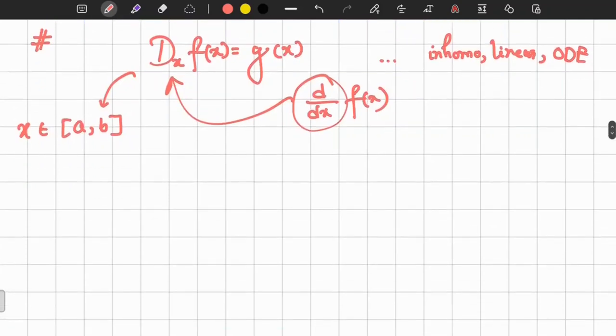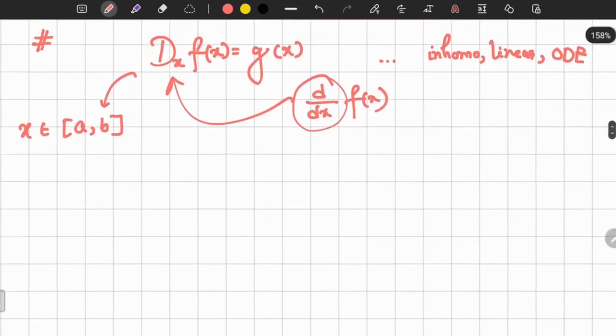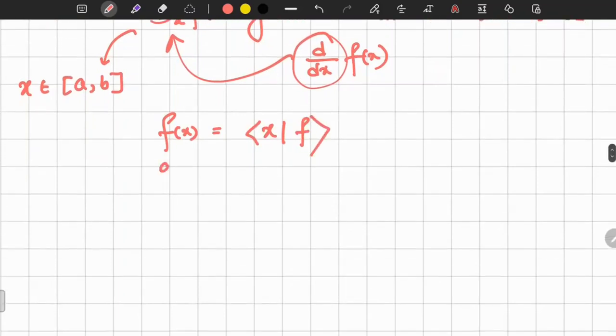Now, if we convert this equation into an abstract space, then we can write it like this. We know that f(x) is equal to ⟨x|f⟩, where |f⟩ is in the abstract space. Similarly, we can write g(x) equals ⟨x|g⟩.